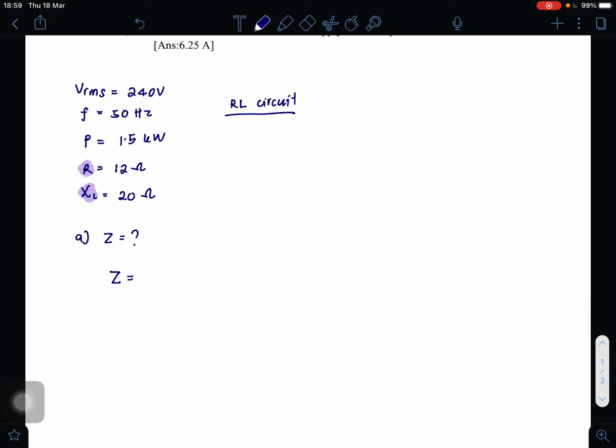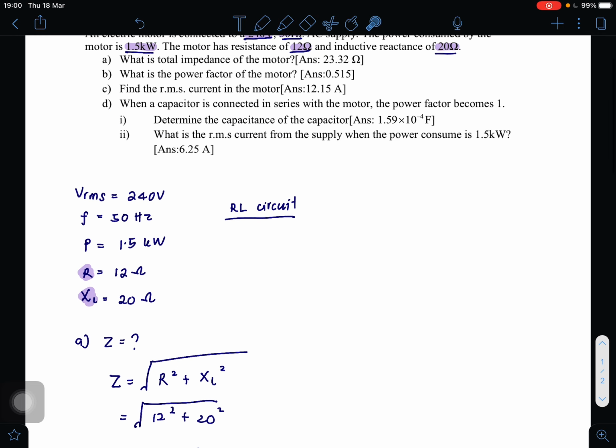So to find Z, formula dia adalah square root of R square plus XL square. So just masukkan that value and then you will get impedance will be equal to 23.32 ohm.